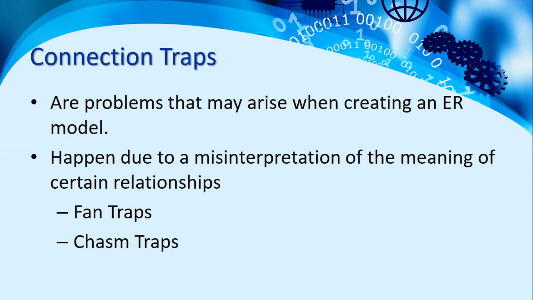In general, to identify connection traps, we need to ensure that the meaning of the relationship is really understood and defined in the sample data. If we don't understand the relationships, we may create a model that's not a true representation of the actual, so we will have problems like fan traps and chasm traps. Okay, so let us proceed with the next slide.